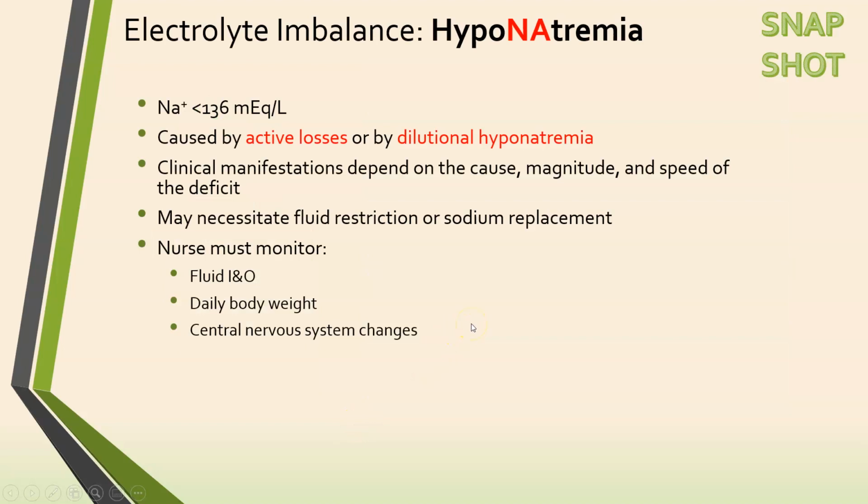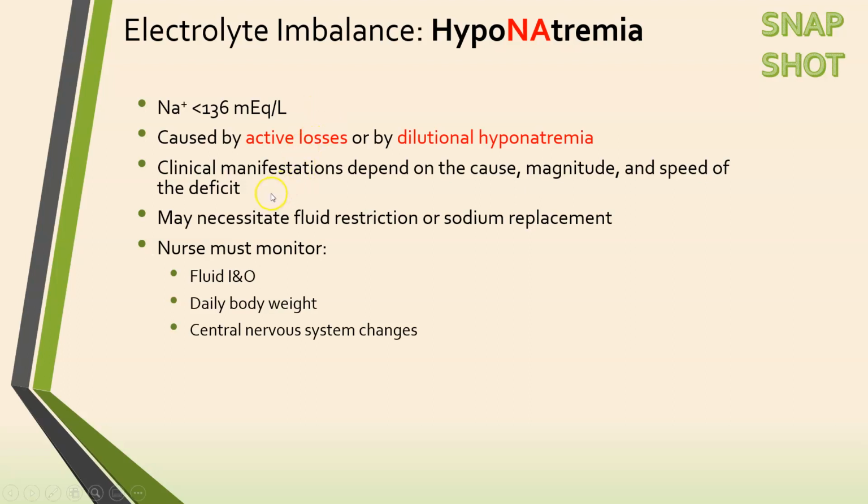When we're talking about electrolyte imbalances, the first one we're going to talk about, and this is your snapshot, is hyponatremia. I put some emphasis here, so when you are reading test questions, make sure you know what electrolyte you're dealing with. It's going to be values less than 136. It can be caused by active losses or by dilutional hyponatremia.